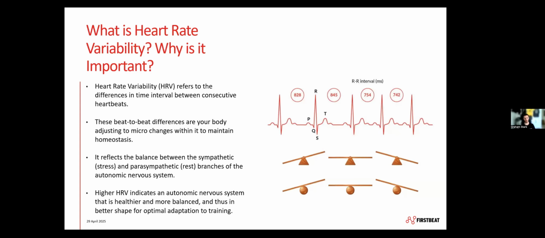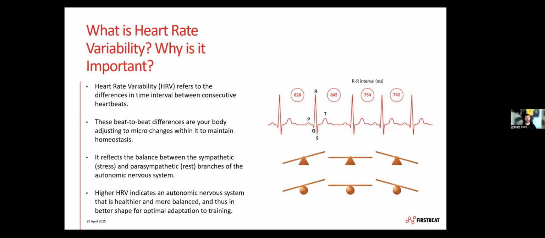This is your body adjusting to changes within it caused by the breathing, to maintain the partial pressures and blood pressure and so on within the body. Essentially, your body's constantly reacting to those little changes to maintain homeostasis, so trying to keep everything the same within it.